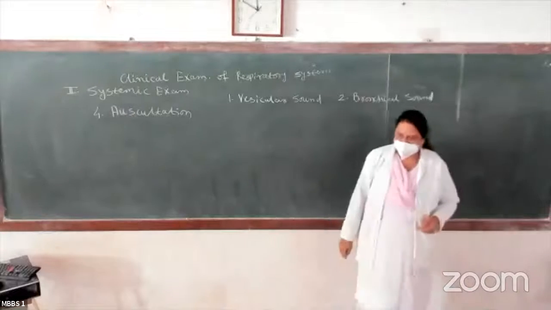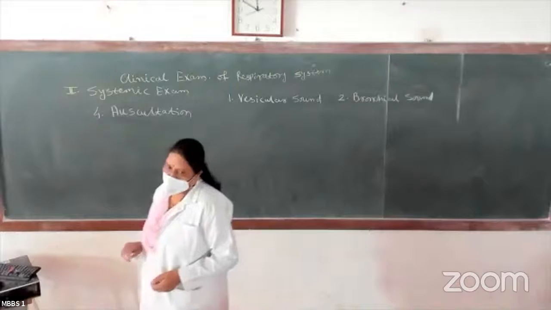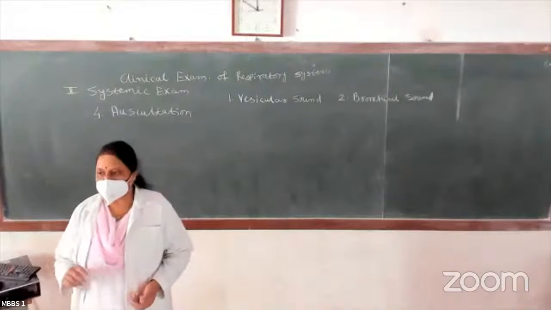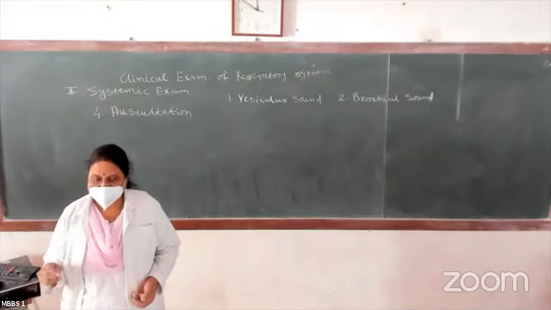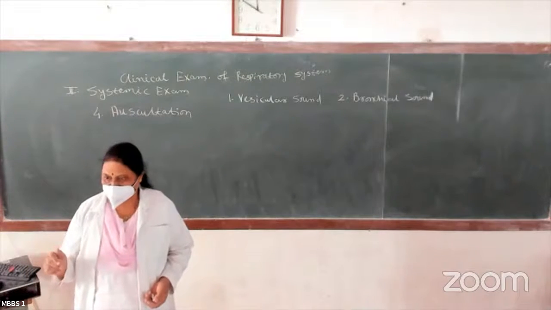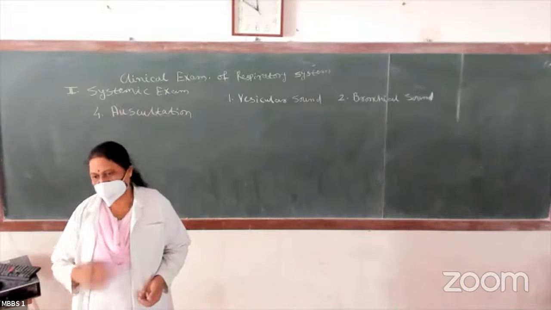What are the characteristics of the vesicular sound and the bronchial sound? Vesicular sound is like the rustling of the leaves, and it is heard all over the lungs if you put the stethoscope anywhere on the lung.